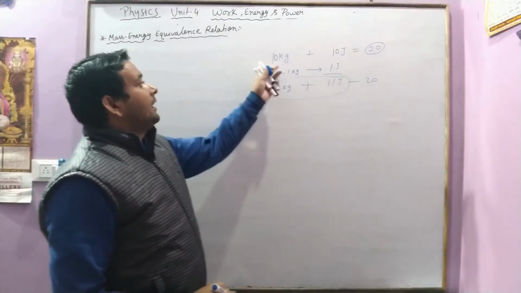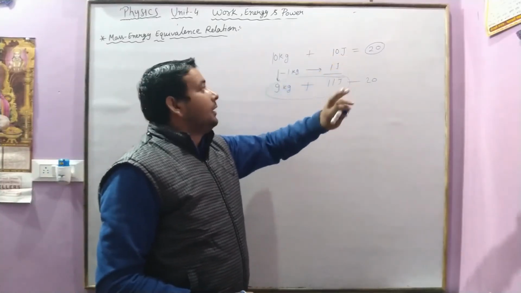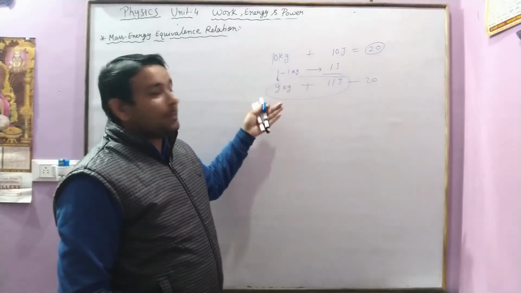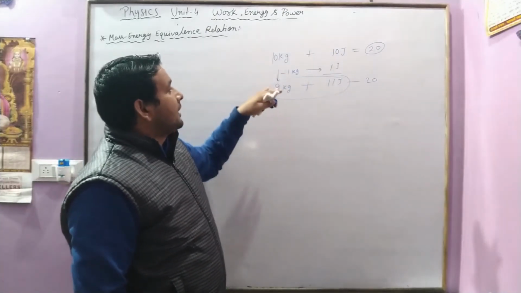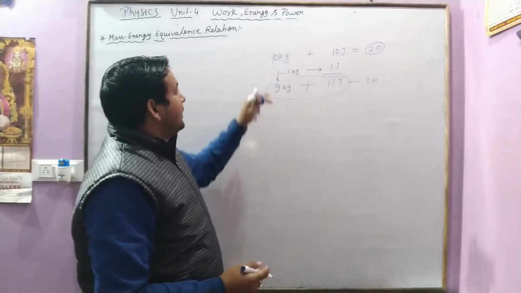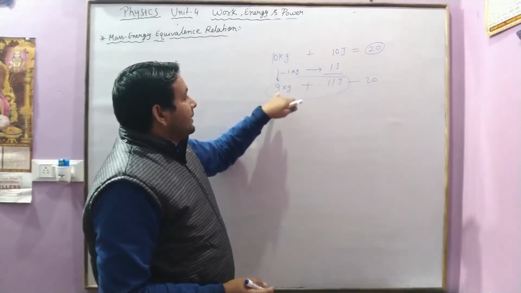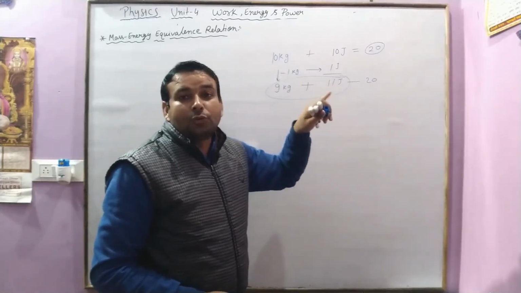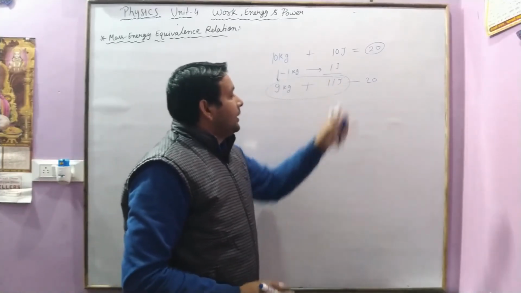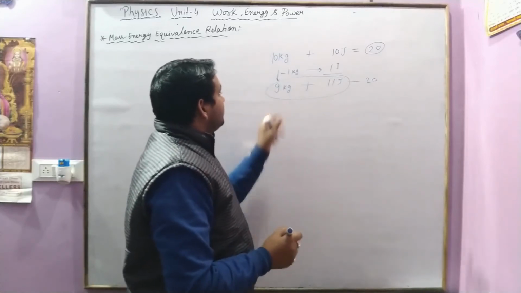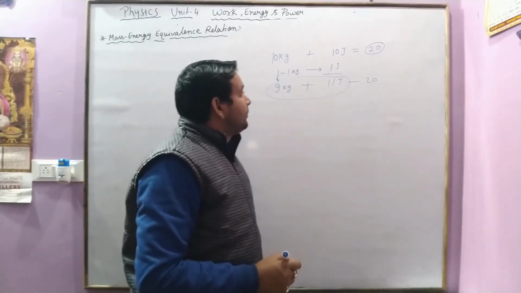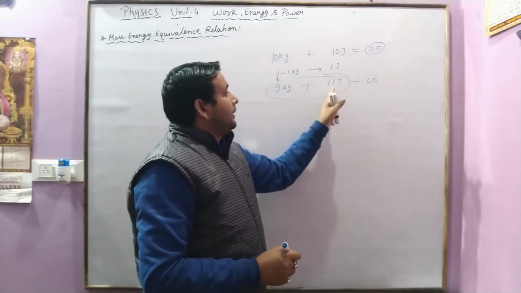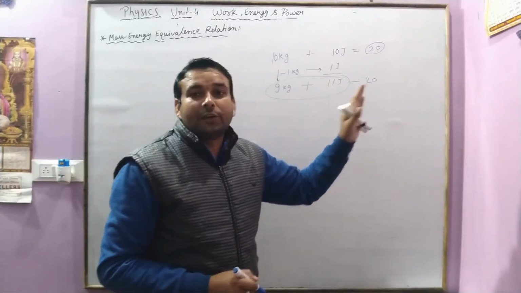Initially we have 10 kg mass and 10 joule energy, the sum is 20, and after the process applied on the 1 kg mass taken out from the initial mass, then we have 9 kg mass left and the energy becomes 11 joule. And we observe here the change in mass and change in energy is equal to again 20 joule.